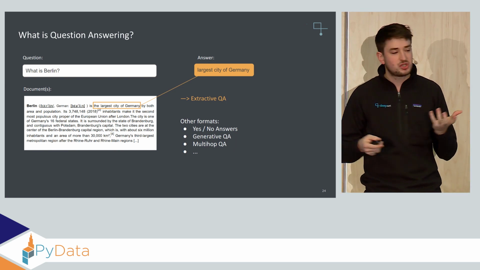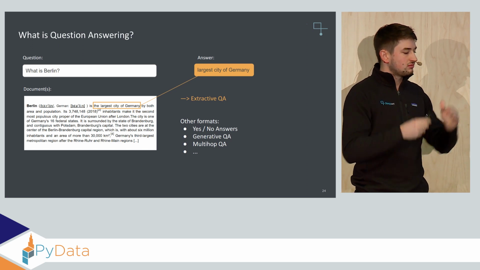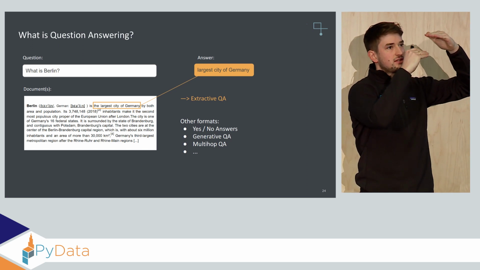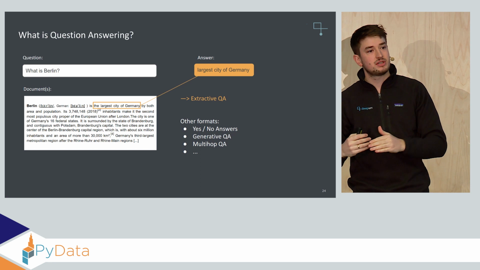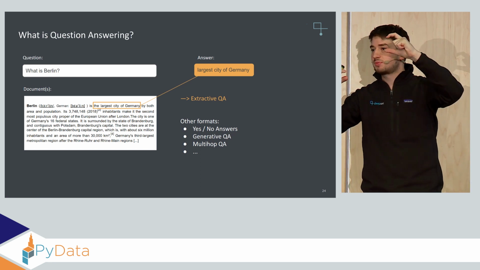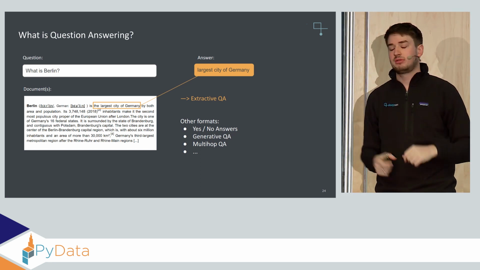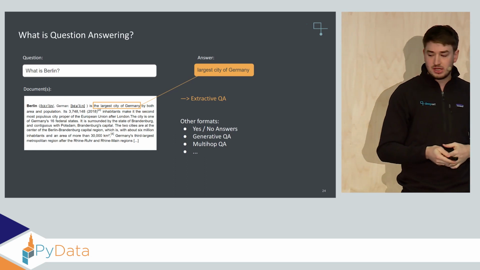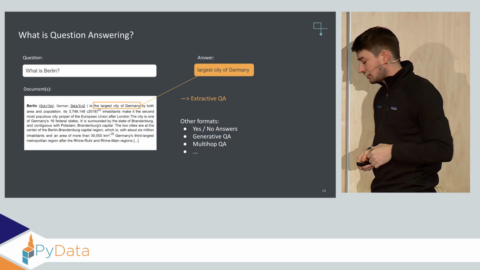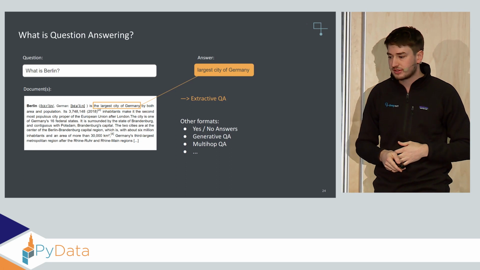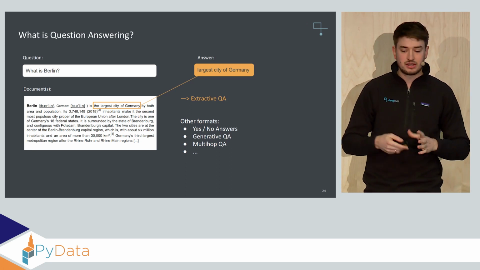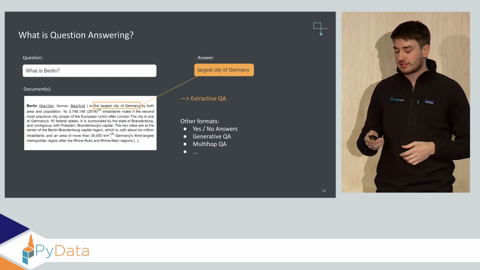There's also multi-hop QA, where sometimes the answer is in different locations of your document, and you need to aggregate those pieces of information to come up with the final answer. This is all super hot right now. All conferences are focusing on that, and there are a lot of publications.